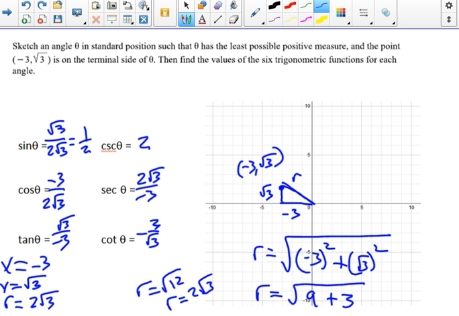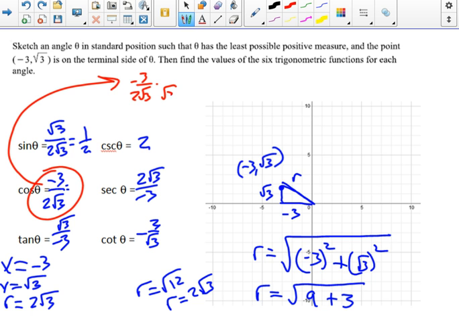Now if I go ahead and rationalize all the denominators I need to, this one's going to be interesting. Let me circle it in red. We're going to do this one up here because I need some space. So we're going to take negative 3 over 2 square root of 3. Multiply top and bottom by that square root of 3. That's going to give me 2 times 3, which is 6 in the bottom. And up top, I'm going to have negative 3 square root of 3.